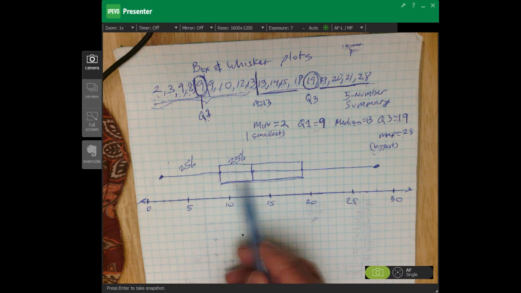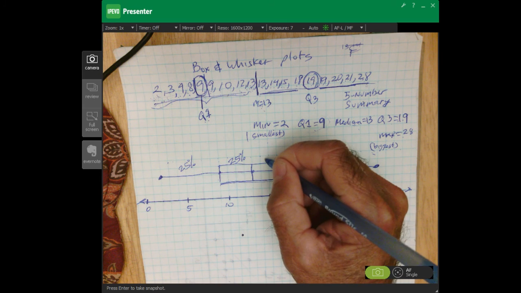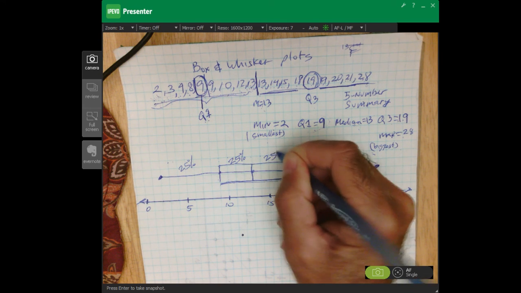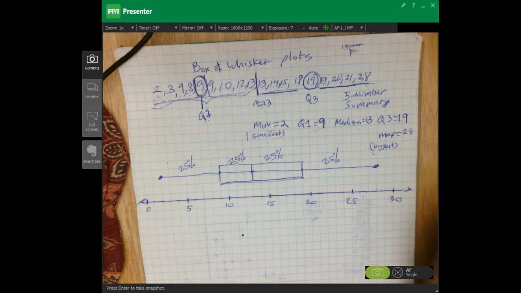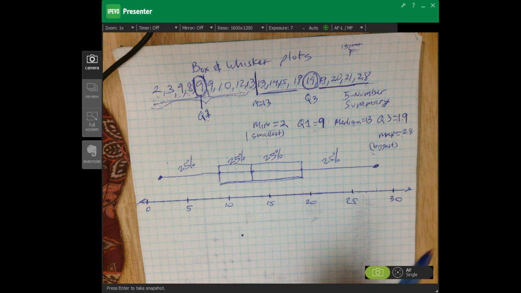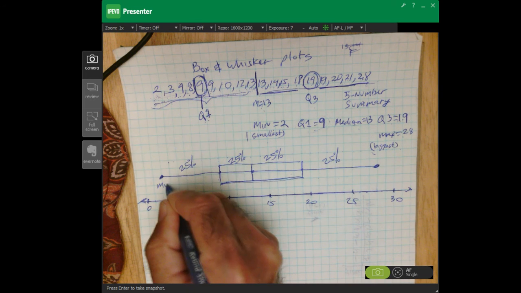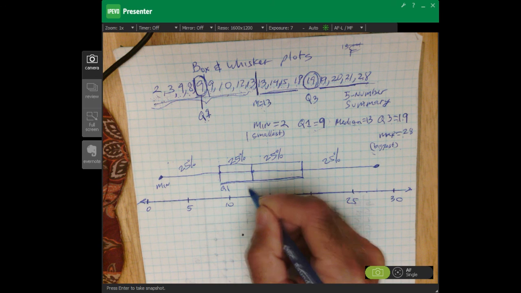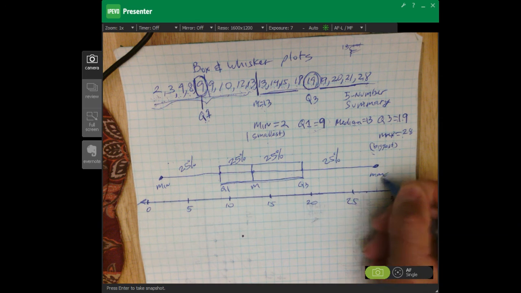So from here to here, each one of these groups has the same number of data. 25%, 25%. Okay? That's how you make a box and whisker plot. Minimum, Q1, median, Q3, and the maximum.